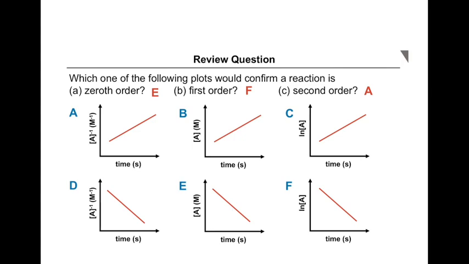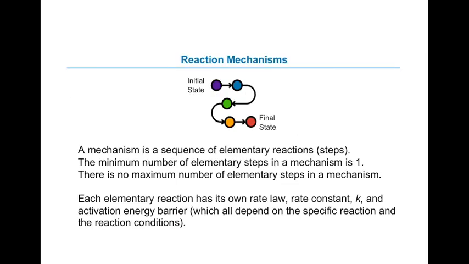Again, this is only really useful as a general metric for the overall order or overall performance of a simple system. These are idealized too. Even a second order process like this gets a little bit weird. It really is talking about A plus A becoming product, right? When you have A and B as two separate species, the graphics look a little bit different just because you have the two components.